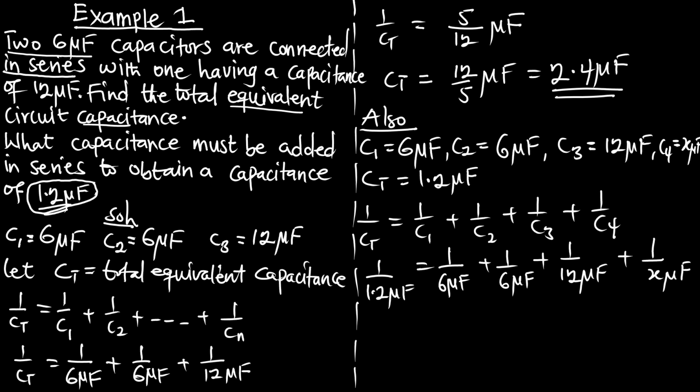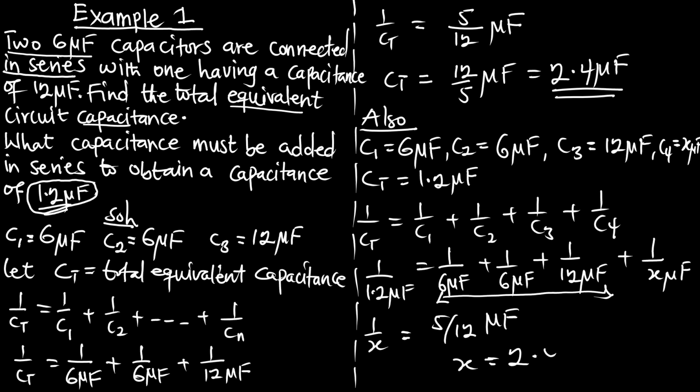Are you okay? So with this, what do we do? If you bring all these parts to the other side of the equation, you get 1 on X equal to 5 on 12 microfarad. And when you make X the subject, X is going to be 2.4 microfarad.